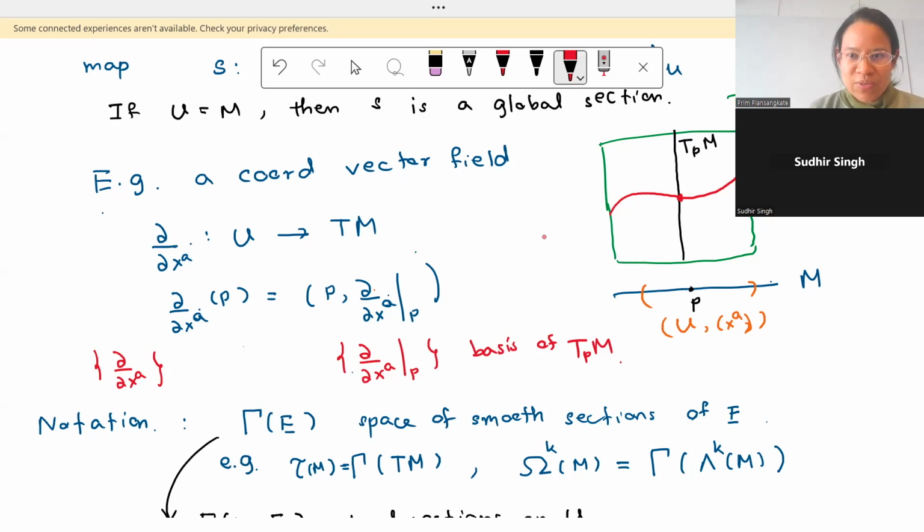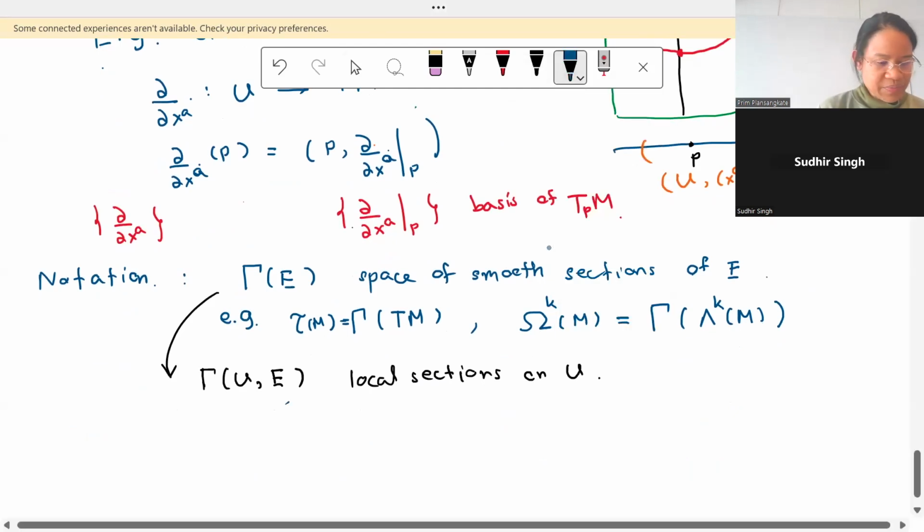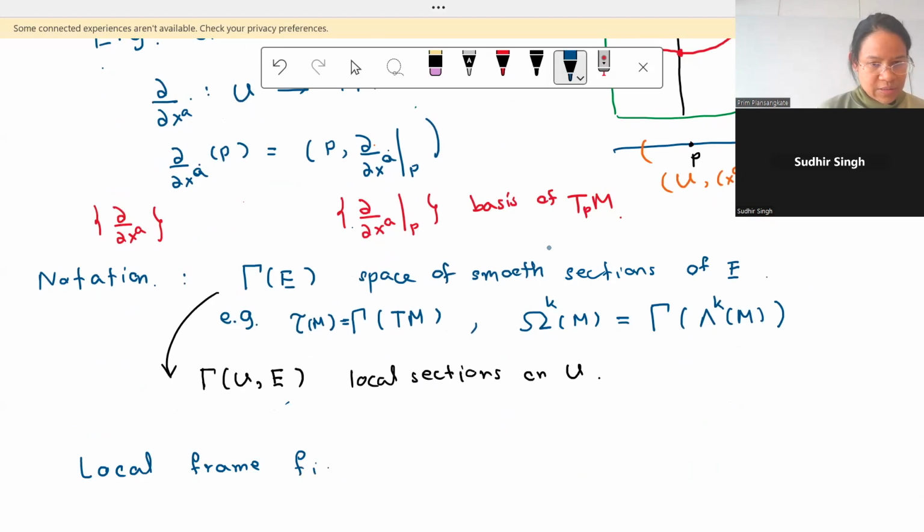So such local sections are called frame fields. Let me just write here: local frame field and local trivialization.